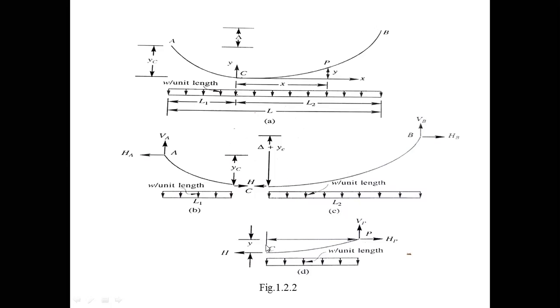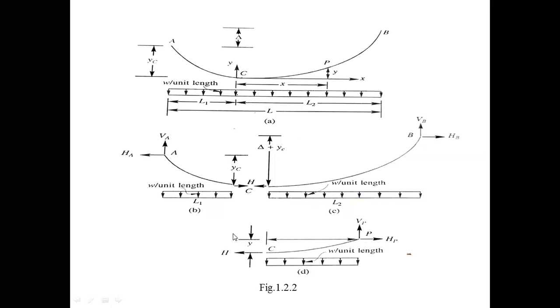At point C, which is subjected to the horizontal reaction component of the cable and the uniformly distributed load W, and at the point P a vertical component VP and horizontal component HP, and the vertical ordinate is Y.